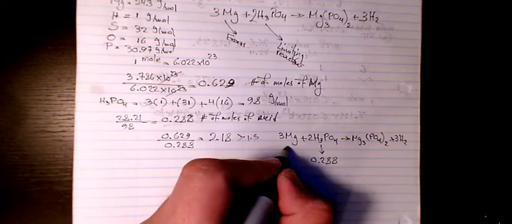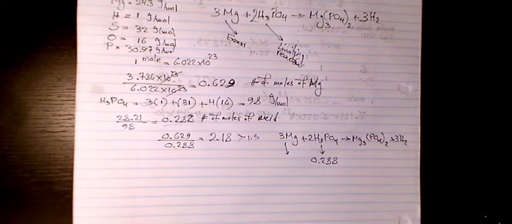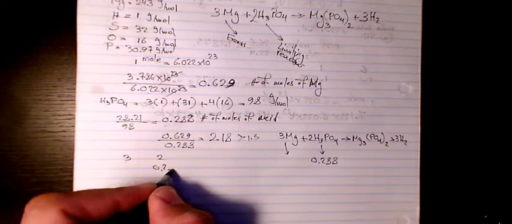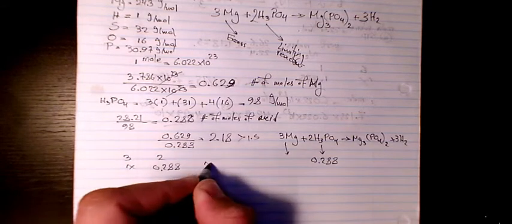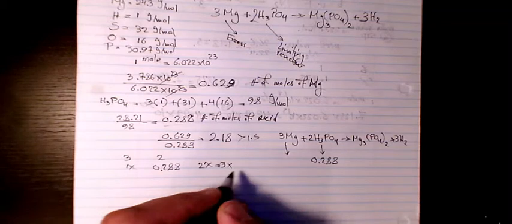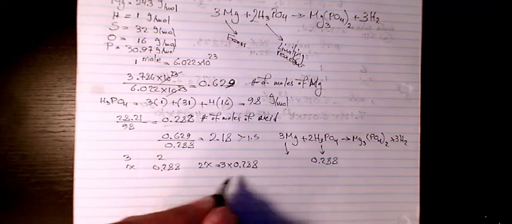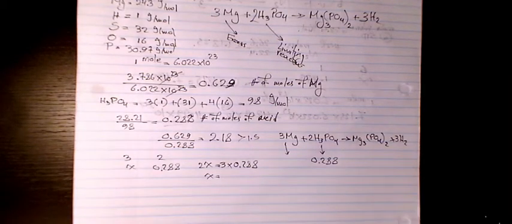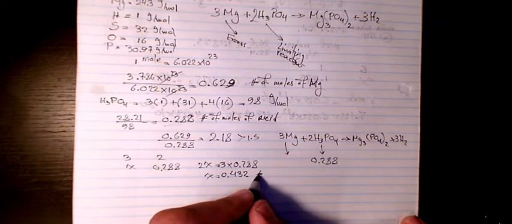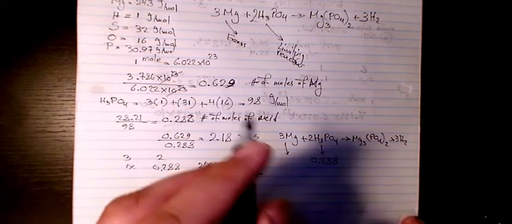Now I need to figure out how many moles of magnesium it will react with. So I just do cross multiplication: 2 times x equals 3 times 0.288. So x will be 3 times 0.288 divided by 2, which is 0.432. That's the number of moles of reacting magnesium.